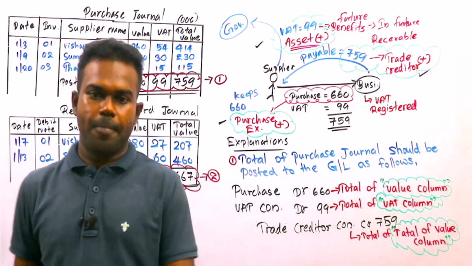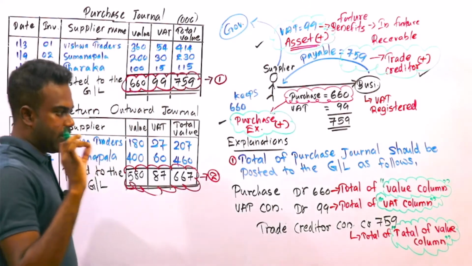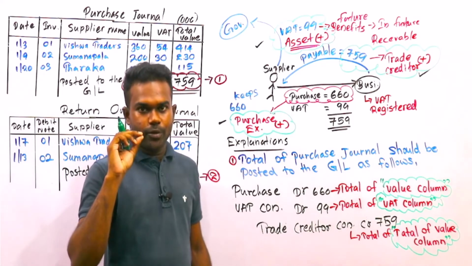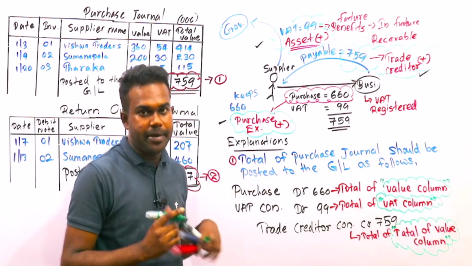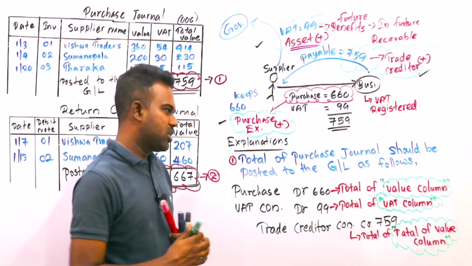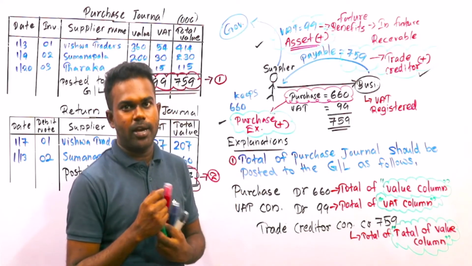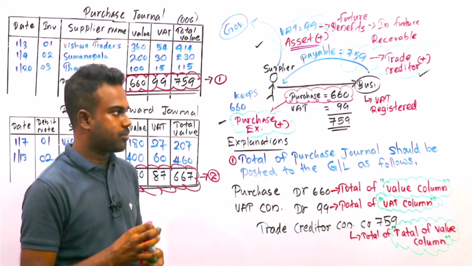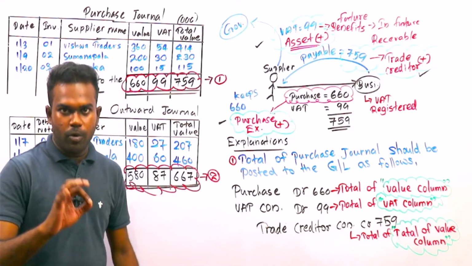Total of total, right? Please, can you tell me, did you understand the double entry theory? Now you can record in the T account separately in the general ledger, right? Write down these things, very important.